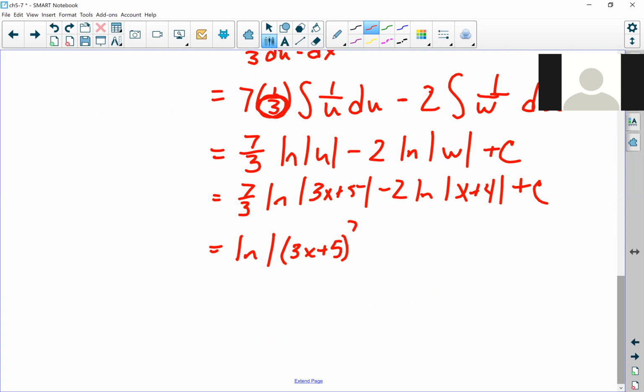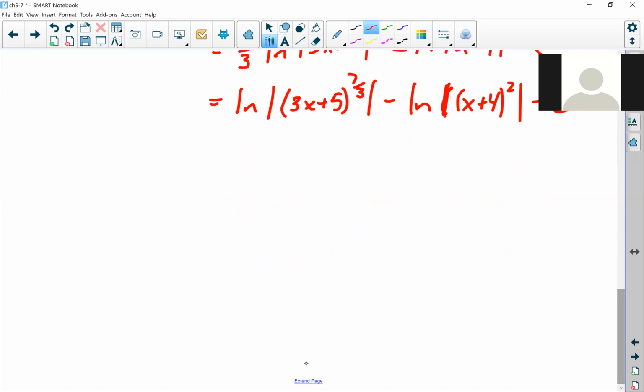Now to write this as a single natural log, first, we bring the constants in, put them as powers, and we can rewrite subtraction as division.